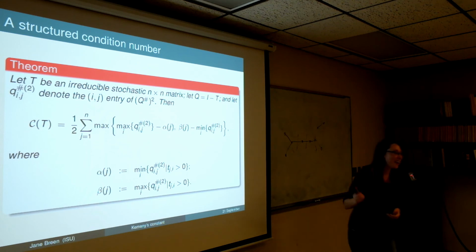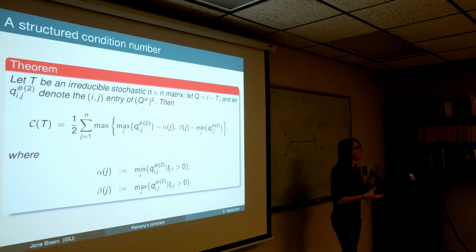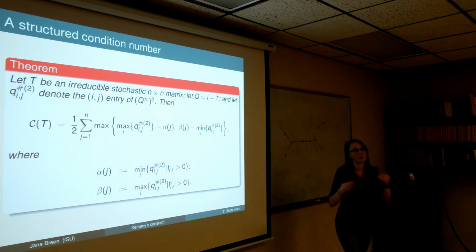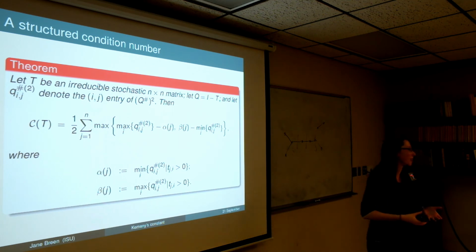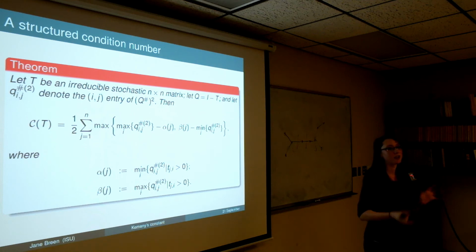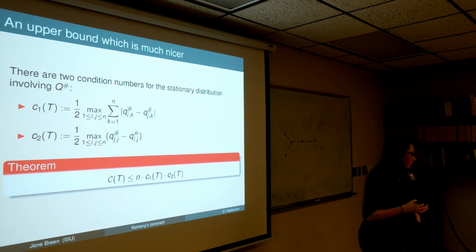Okay, but it's not that helpful for us when we're trying to get an idea of what it means for Kemeny's constant to be poorly conditioned and that kind of thing. Like, it doesn't give us a feel for what's going on in my Markov chain that's making Kemeny's constant bad somehow. So what we'll do is we'll get an upper bound, which is much nicer.